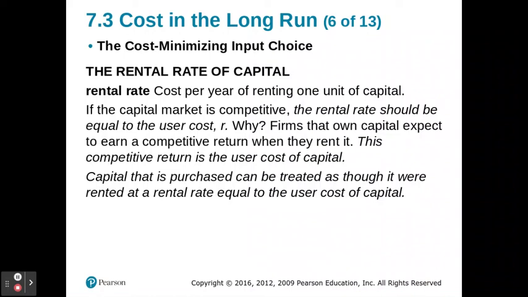So what are the costs? They have to pay what we call the rental rate of capital. Even if you own the item, we still call it the rental rate because essentially when you own something, you're basically renting it to yourself. So the price of capital is the rental rate.